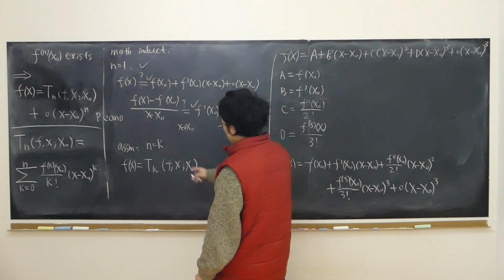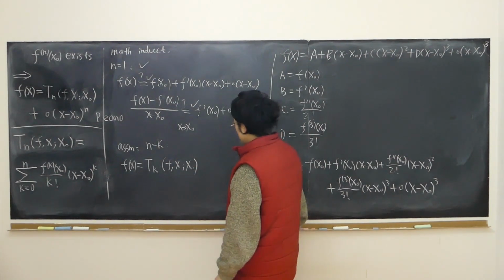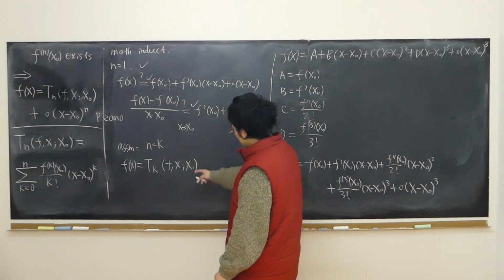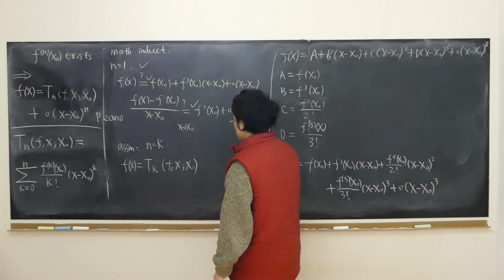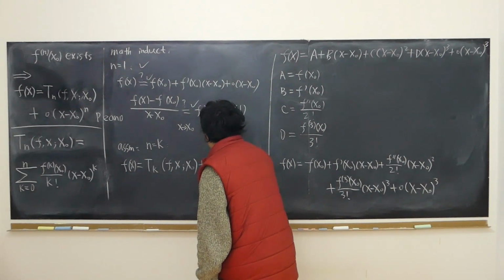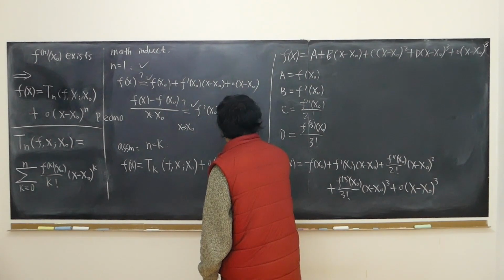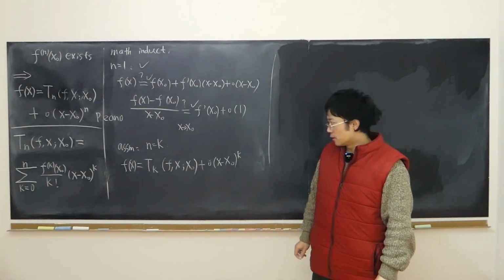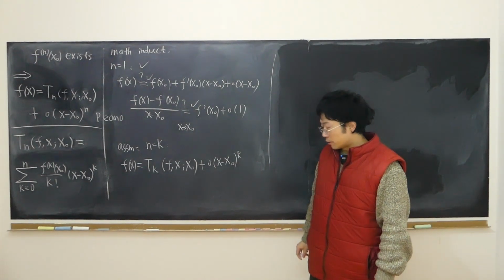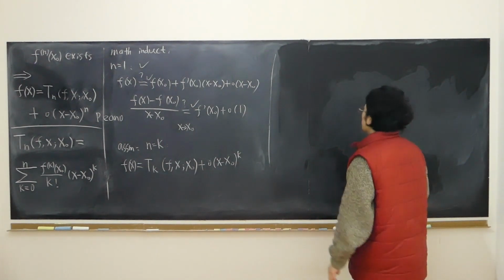First of all, our function is denoted as f. The variable, we use x. At which point? At point x0, just a random arbitrary fixed point. So plus little o of (x minus x0) to the power of k. This is our assumption, so we assume it's true when n equals k. We want to prove it's also true when n equals k plus 1.